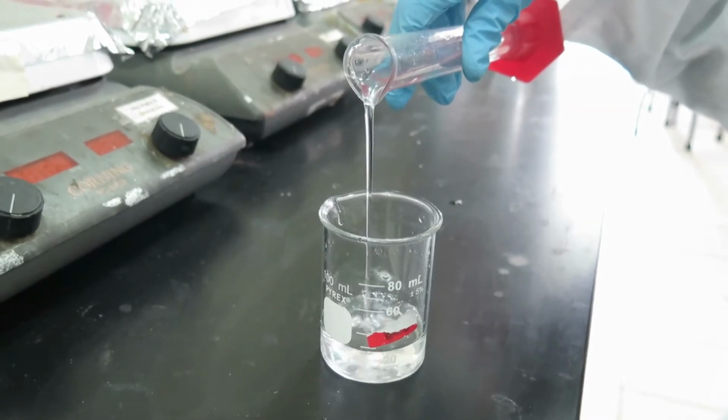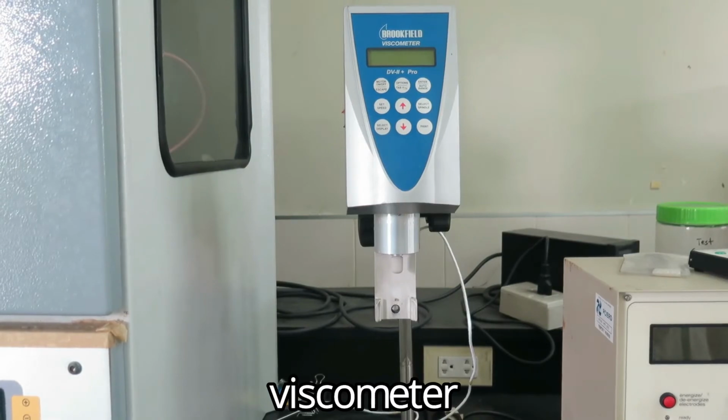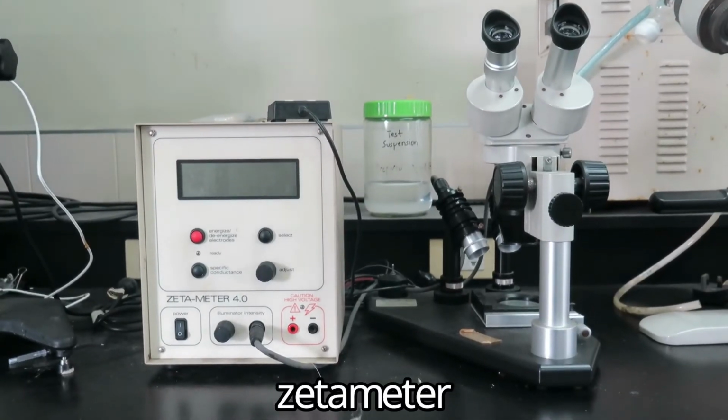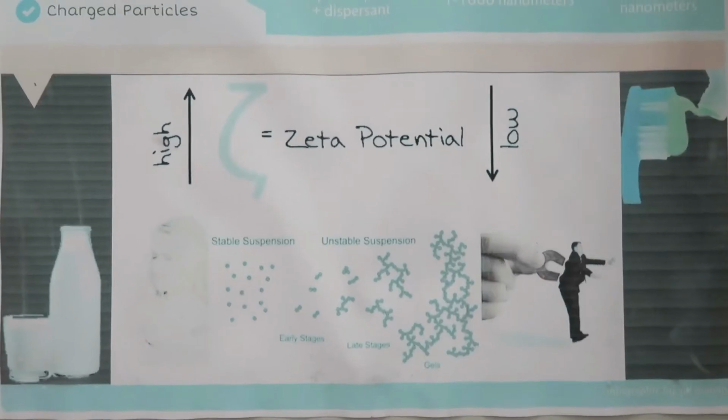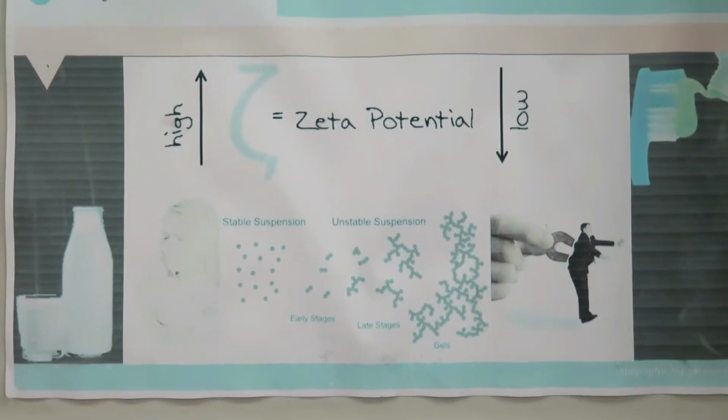Say you have a liquid and you want to measure its thickness. Just use the viscometer. We also have this, the zeta-meter, if you want to measure the stability of a particle in a solvent.